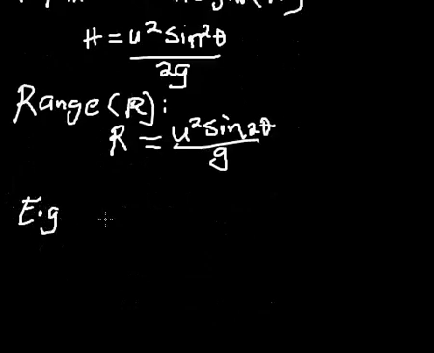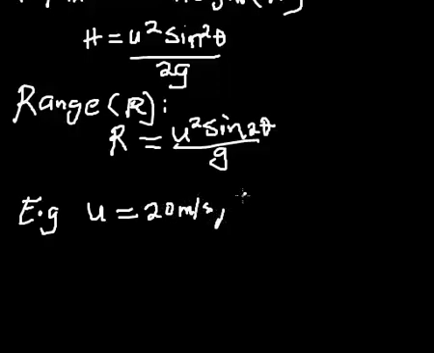Let's say an object is thrown upward with an initial velocity of 20 meters per second. And we are told that this object is thrown at an angle of 30 degrees with the horizontal.